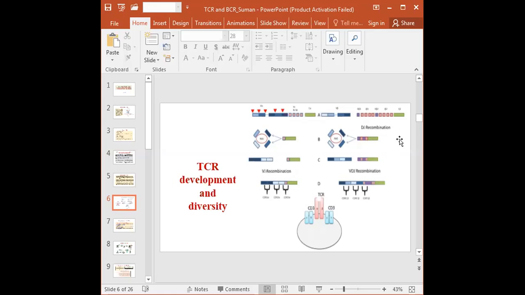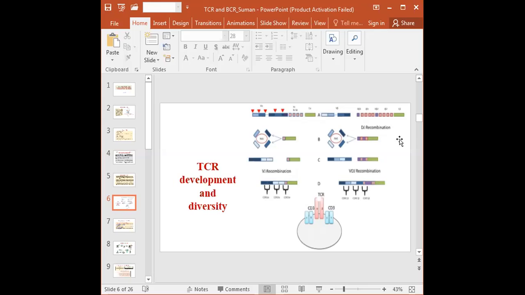Recombination is temporally regulated by the access of the recombinase activating genes, the RAG genes. There are two types, RAG1 and RAG2, which recognize sequences. TCR recombination occurs at two stages during the process of T cell development.